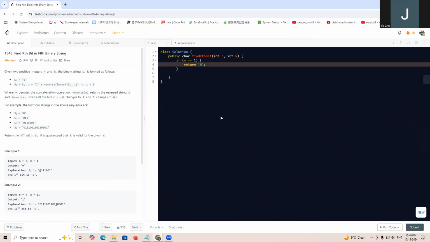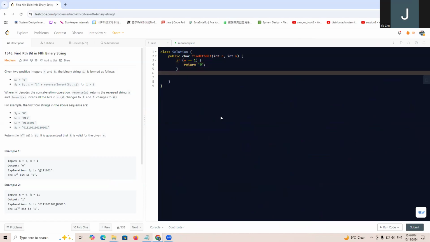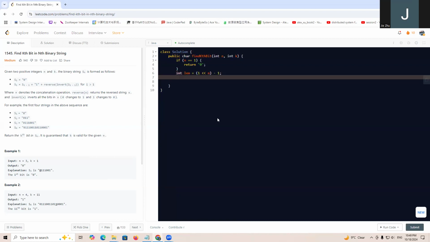And we know the length, as we proved, is 2 power n minus 1. The middle item is length divided by 2 plus 1.